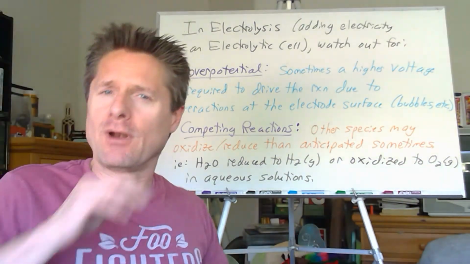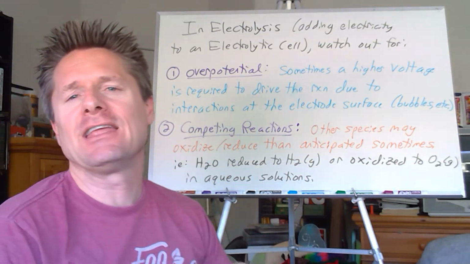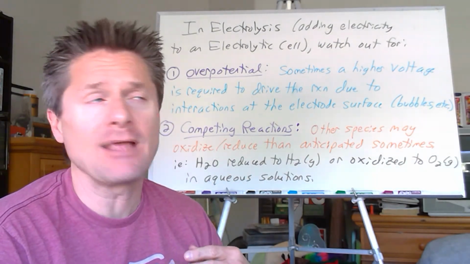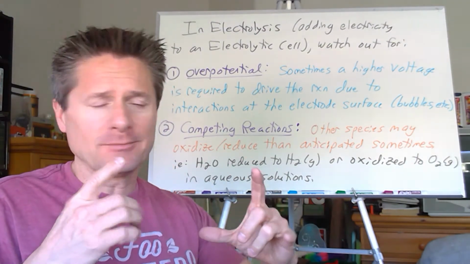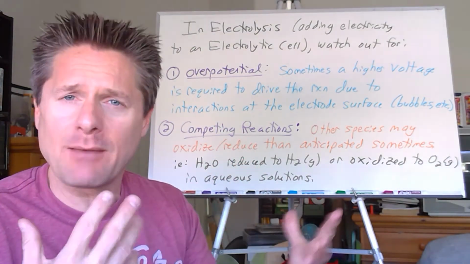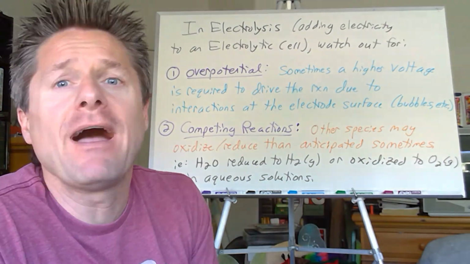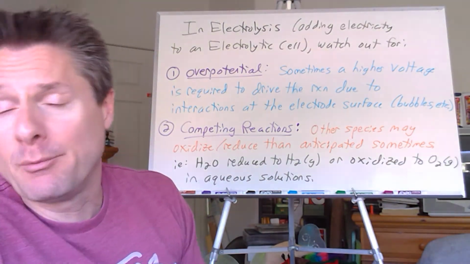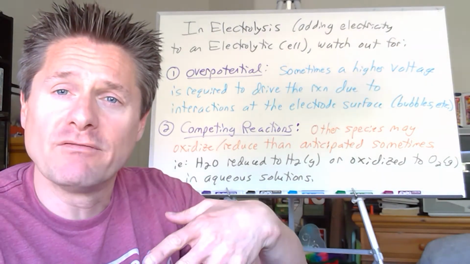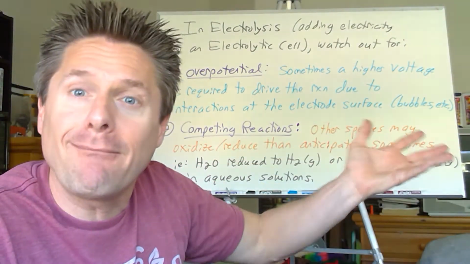So let's say we're sending a voltage in to drive a non-spontaneous reaction to occur in an electrolytic cell, and we could actually measure what the voltage required would be, right? Do the 2 half reactions, add them together, and it'll be some negative value. Say it's negative 0.521 volts, right? So if you put in 5.521 volts from an external power supply, boom, it should run, but not always. You're like, no, why is it not running?